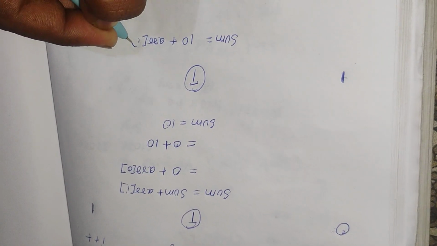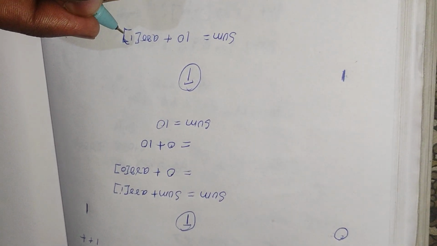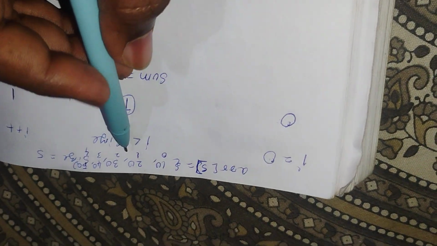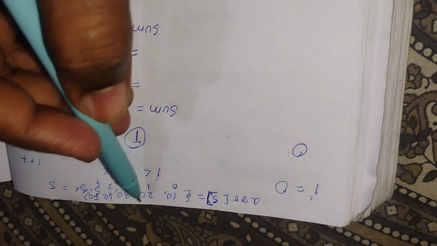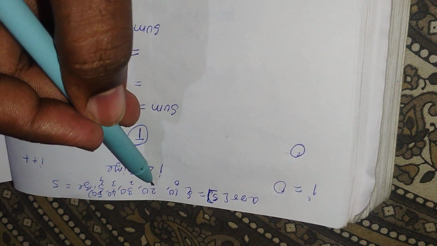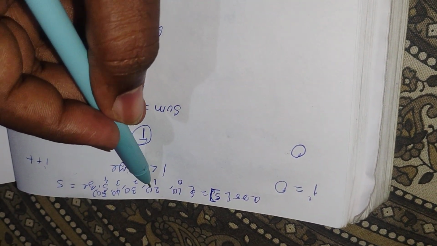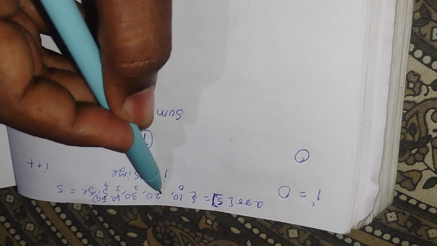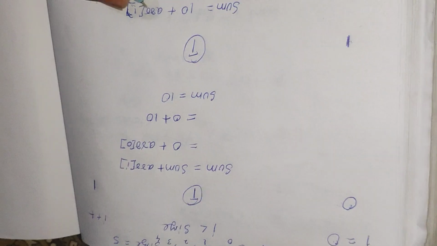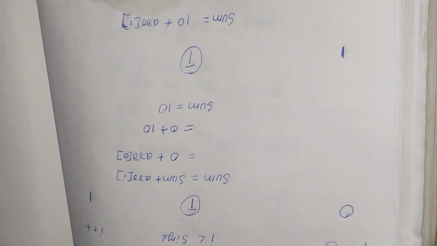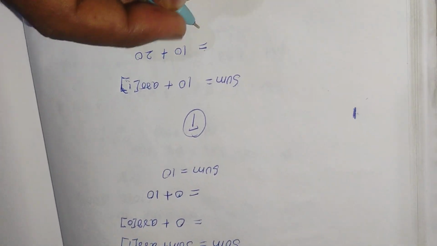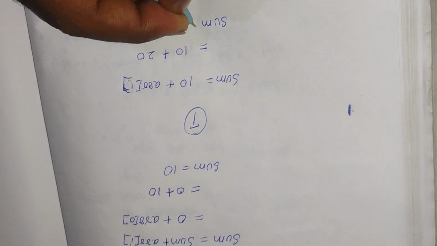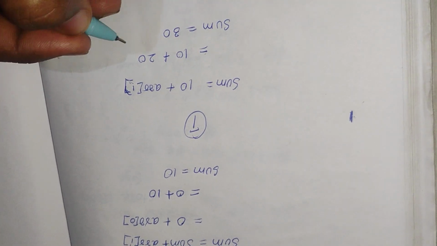Now which array index value am I calling? I am calling 1. So map this value to this index value. What is the value here? 20. So 10 will assign here, 10 plus 20. So sum will become 30.